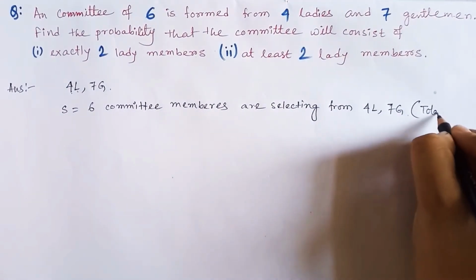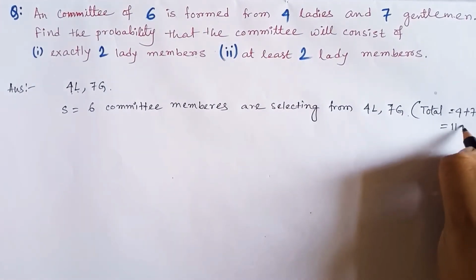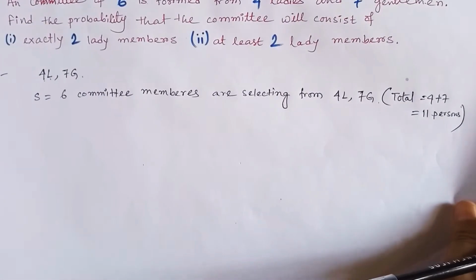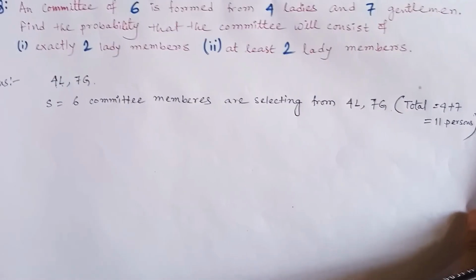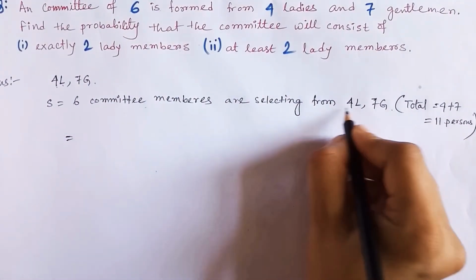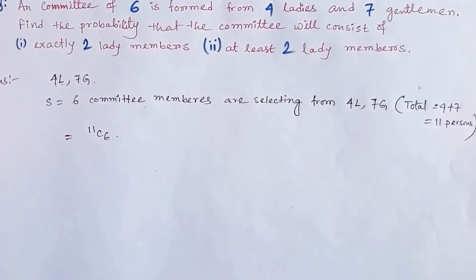That means total 4 plus 7 equals 11 persons. Right? 11 persons. Now 6 committee members are selected from 11 persons in 11C6 ways.